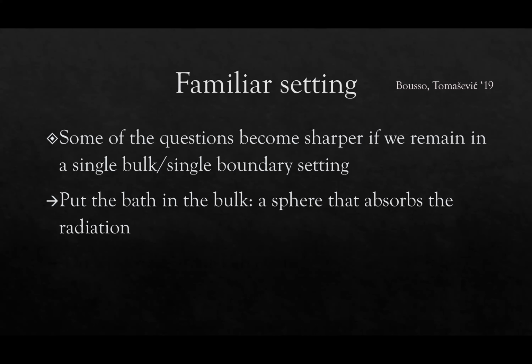And it's going to just be some sphere around the black hole that's going to absorb the radiation. Of course, it's not going to be next to the black hole. It's going to be very far away next to the boundary so that it doesn't get any gravitational back reaction or anything that we cannot control. Now, with this setup in mind, would we get the same behavior as these authors?